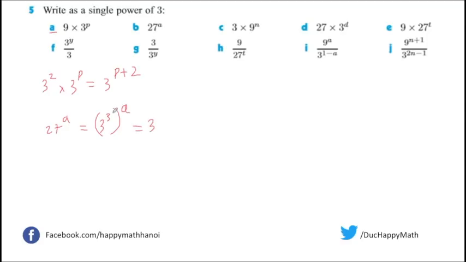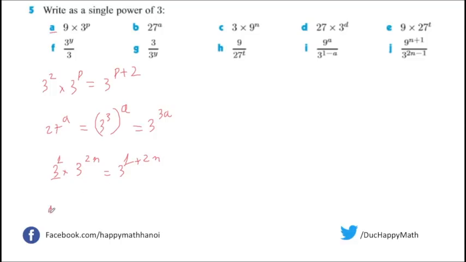So expand the bracket, you multiply the two power numbers together, which means 3 times A. And C, 3 times 3 power 2n, so you have 3 power 1 plus 2n, because the 3 in the first is power 1.